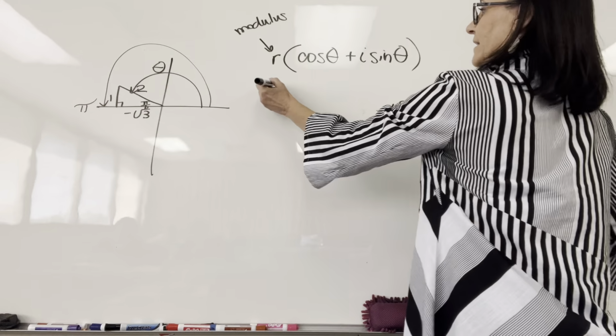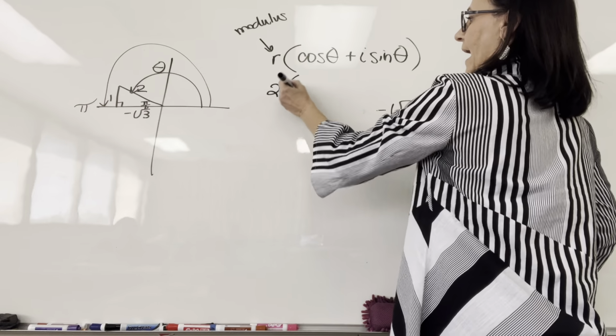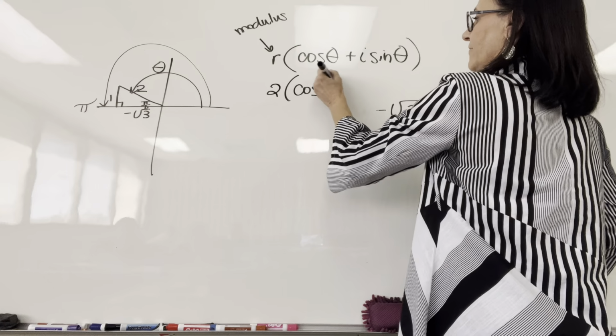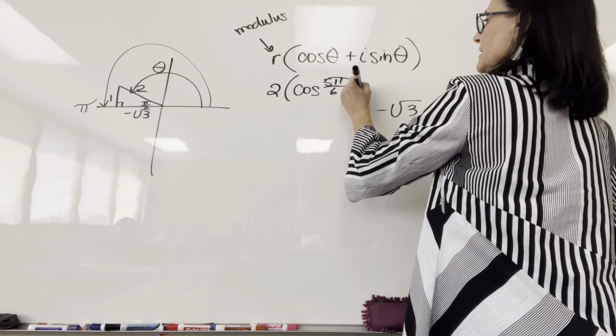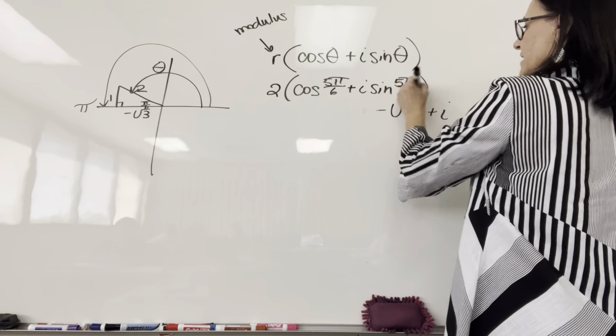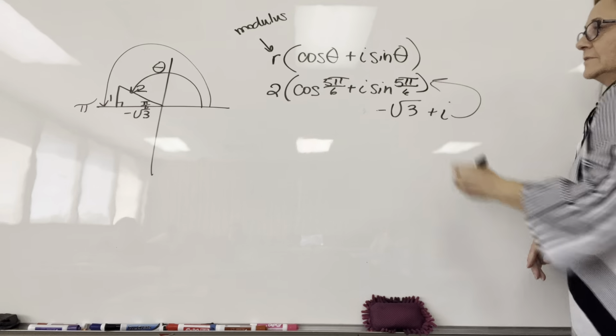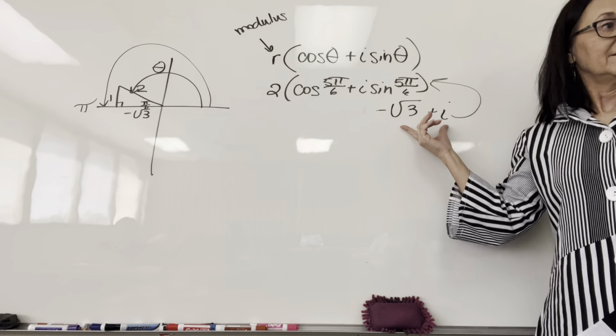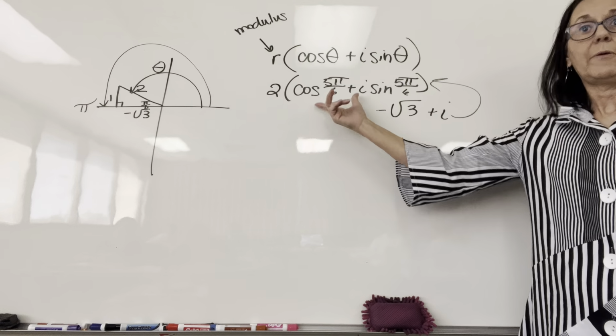All right, so look, it's 2 times cosine 5 pi over 6 plus i sine 5 pi over 6. So we have put this complex number in polar form.